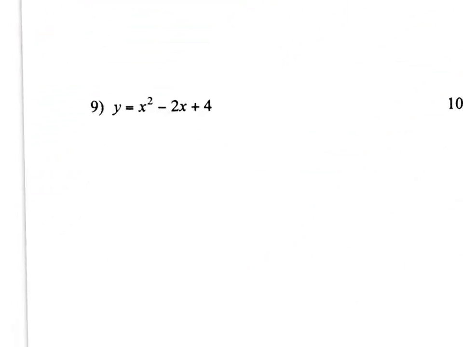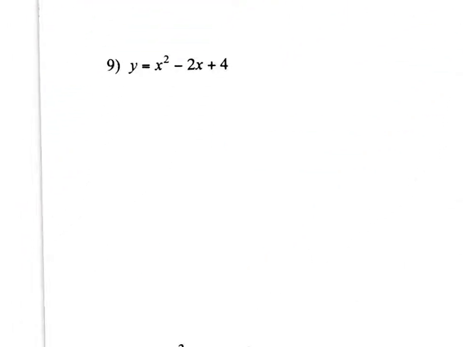Okay, question 9. I am really sorry that we're doing the same thing over and over again. You'll see what I mean in a minute. We think this is wrong, so we're going to ignore it for a minute. x squared minus 2x plus blank. Break the 2 apart, -1, -1.